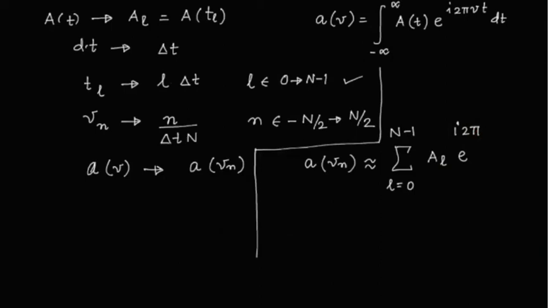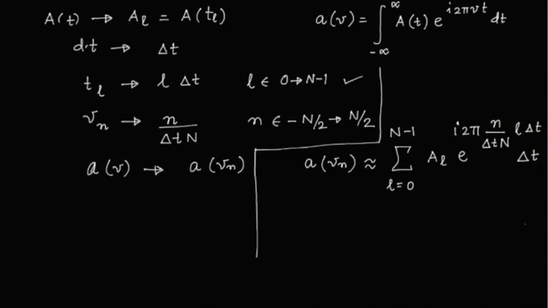Nu is supposed to be replaced by nu n, so that's the discretization of that. So this is n by delta t capital N, and t is supposed to be replaced by L delta t. And then you have the measure of the integration, which is delta t.